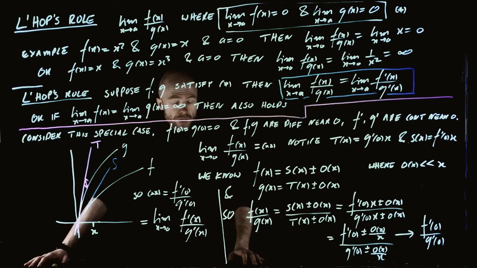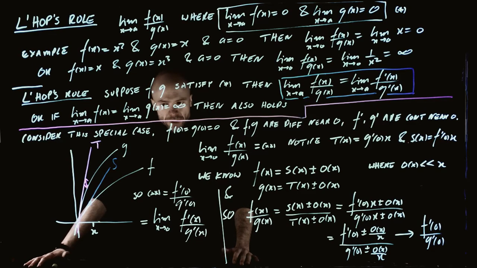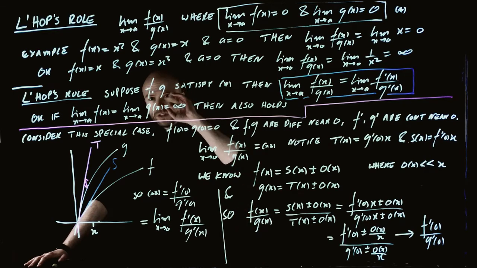Because of this picture, it should make sense that when we are considering a question about the rate at which things go to 0, what will determine that with the most relevance is the behavior of the derivative around the point we're considering.